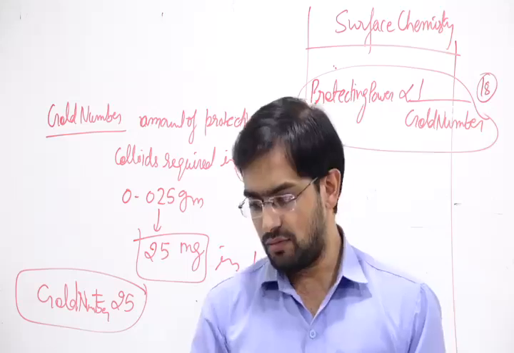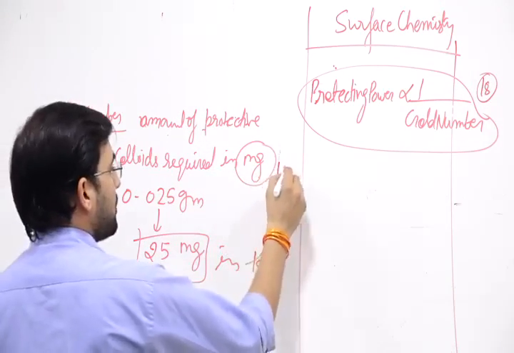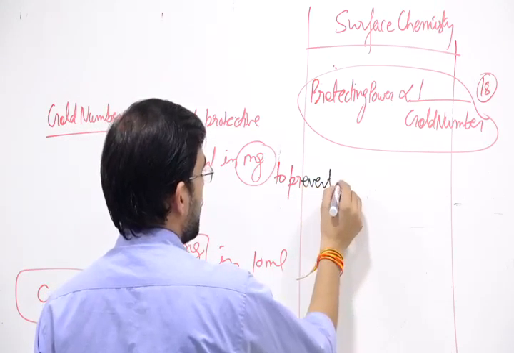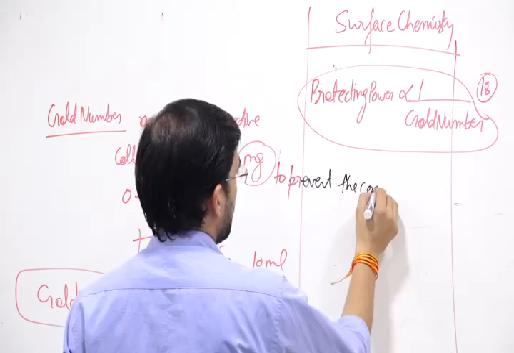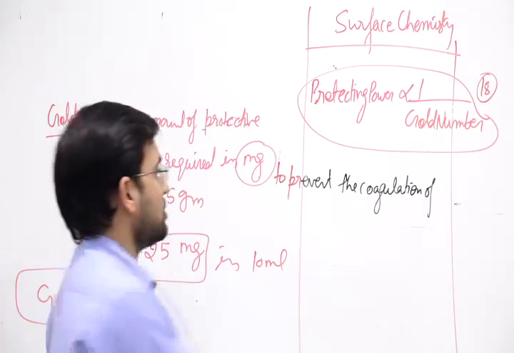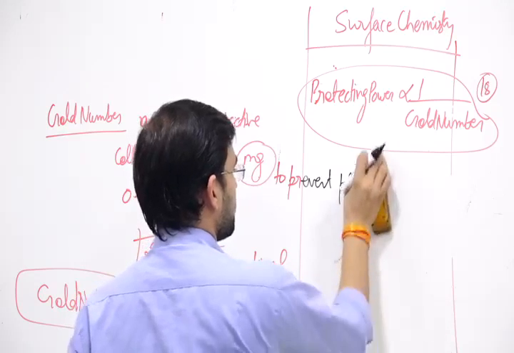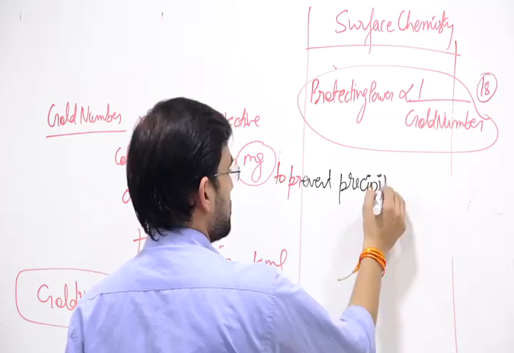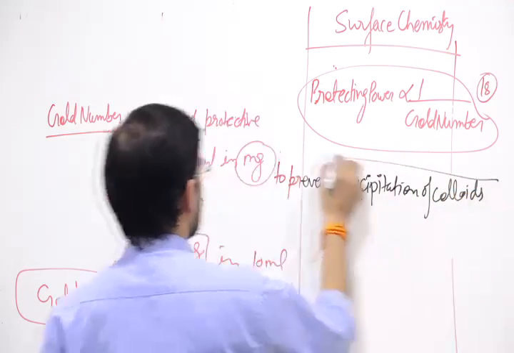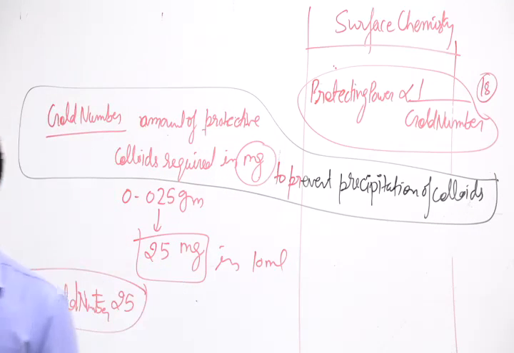Sir, what is gold number? Gold number definition for writing: the amount of protective colloids required in milligrams to prevent the coagulation, or to prevent the precipitation, of colloids is known as gold number.